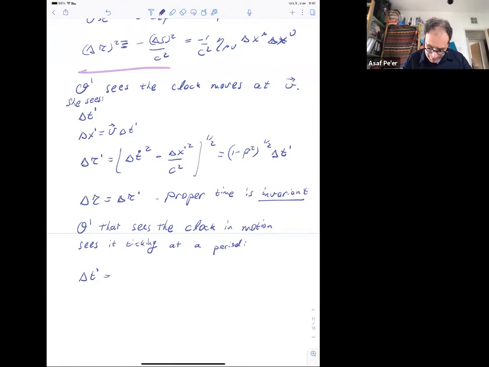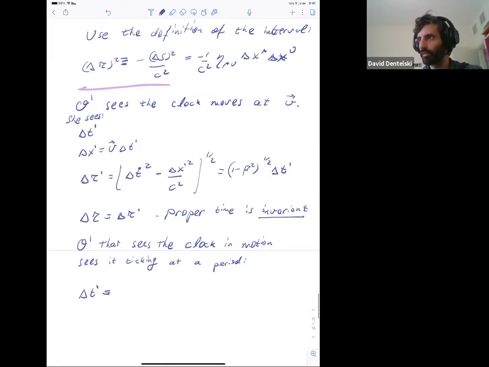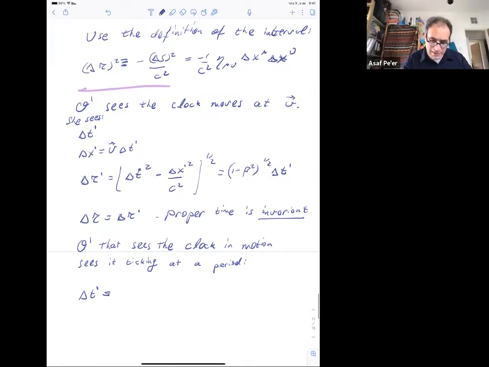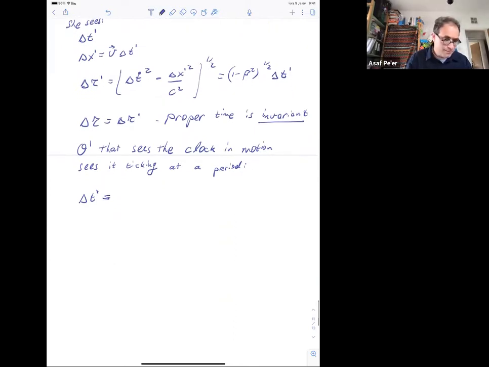What is delta t prime? Delta tau over square root of 1 minus beta squared. Very good. But what is delta tau? It's just my time, delta t. It's just gamma delta t.